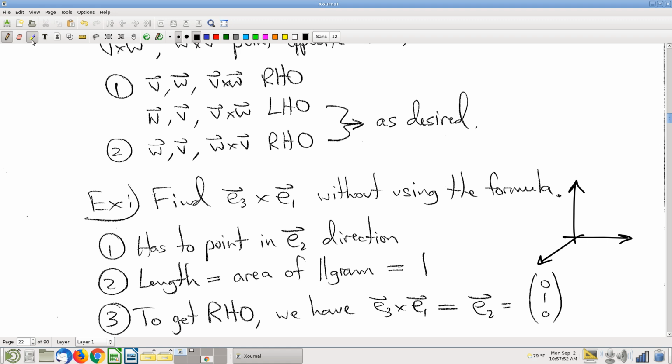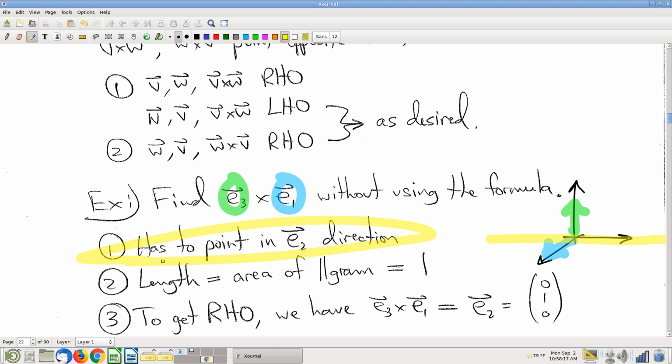I want E3 cross E1. E3 is like that. E1 is like that. How am I going to find the cross product? Well, I know that the cross product is parallel to that line, because that's the line that's obviously perpendicular to E3 and E1. Geometric sense tells me that.